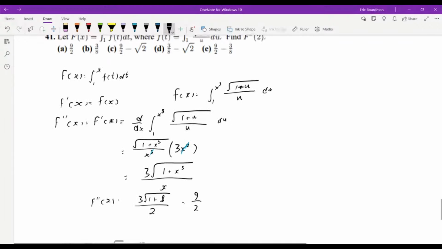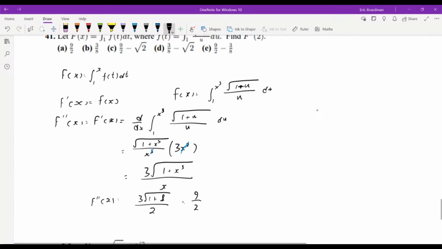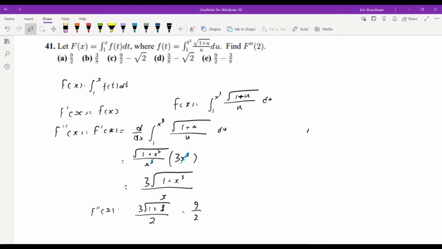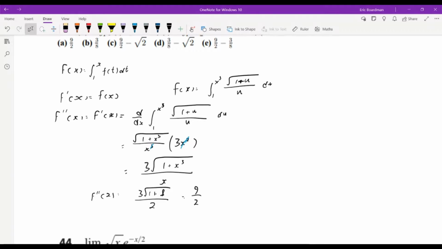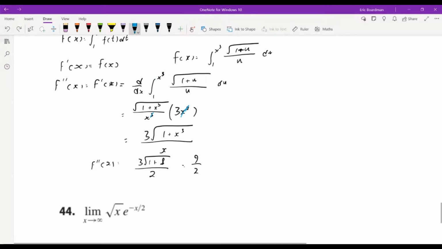And then for the derivative of that, we can use the fundamental theorem of calculus again. But the thing is, we have an x cubed in the upper bound, so we can't just do exactly what we did before. We put the x cubed in as u, and then same thing down here, but we have to multiply by the derivative of that, which is 3x squared.